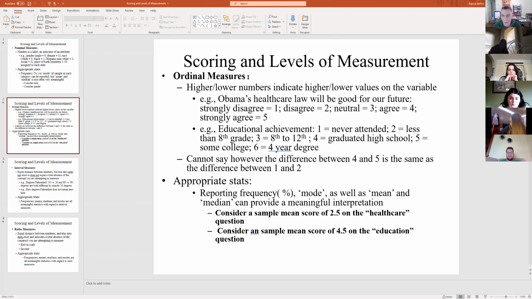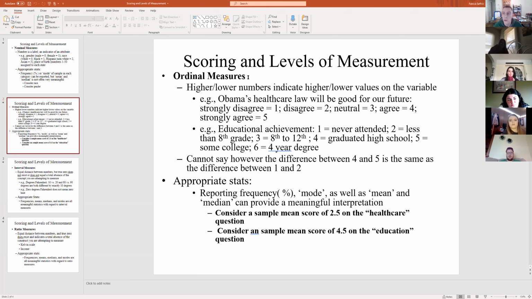So if the average score for that item is 4.5, that means the average person in your sample has somewhere between high school education and some college, right? Okay, so you are given at least that level of precision with ordinal measures, where it makes sense at that point to start reporting an average.